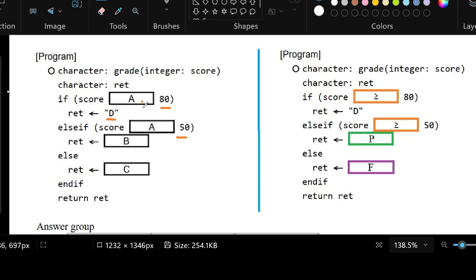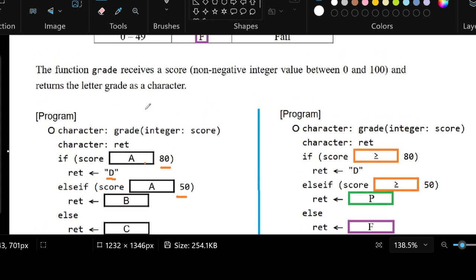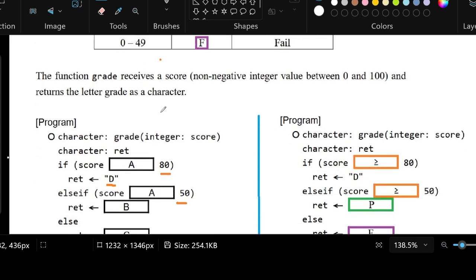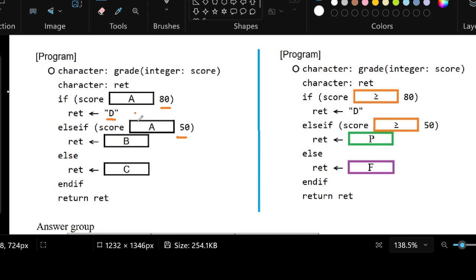And if we look at the table before this, we get a D if the score is between 80 and 100. Therefore, if the score is greater than or equal to 80, that's the time when we return D.